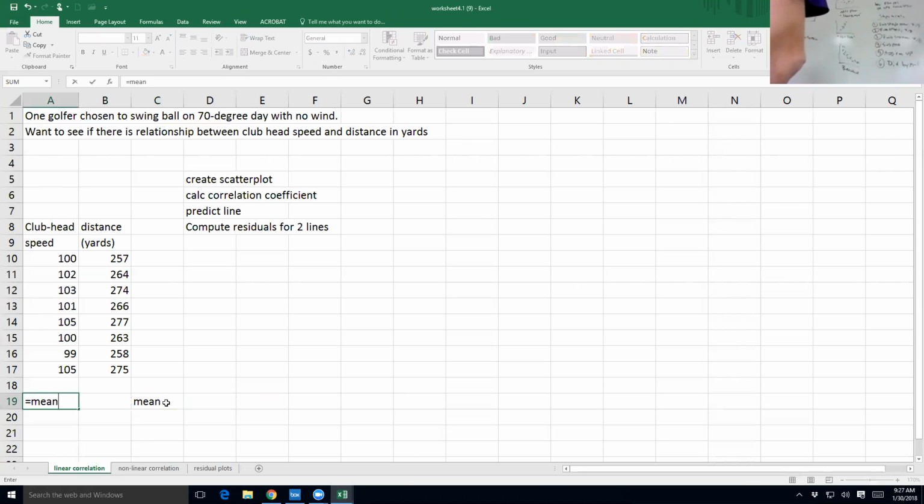Mean? No, unfortunately, the mean doesn't work. We got to curse Bill Gates when we do this because he didn't use the right word. What's the right word? Average. So when you do that, just curse Bill Gates. The mean is almost 102 miles per hour. The mean distance is almost 267 yards.